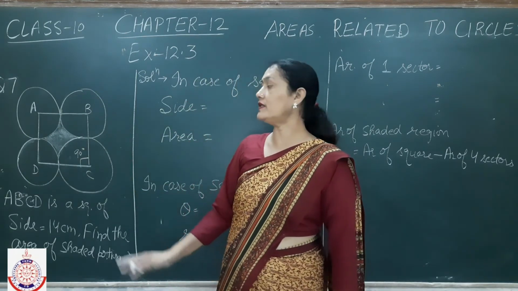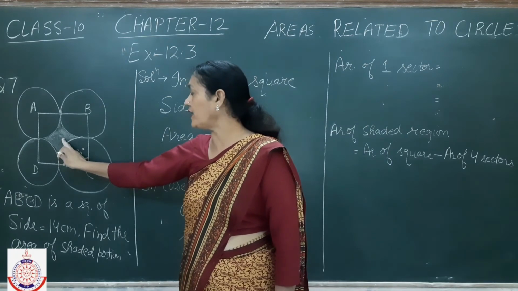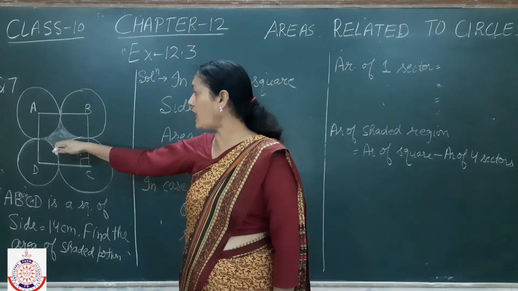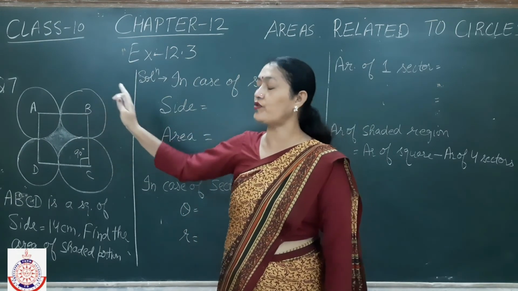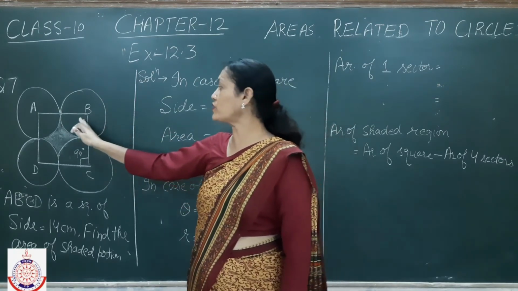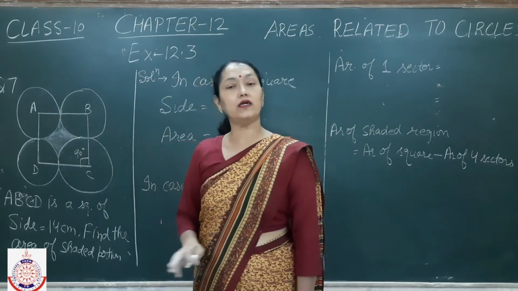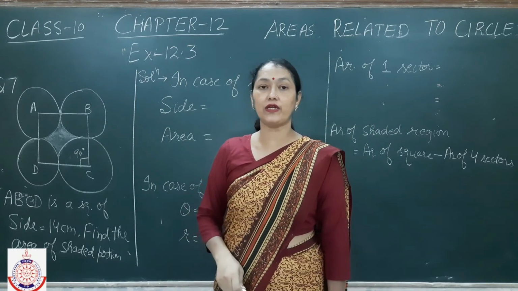We have to find the area of the square that is left, not covered by the circles. This area we have to calculate.